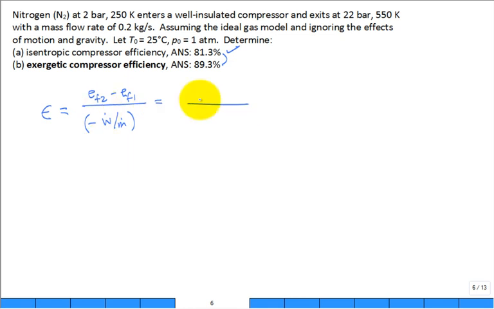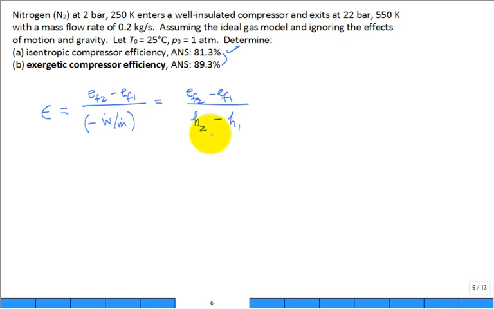Let's leave the EF2 minus EF1 there. What about that denominator? We already used that. That's a difference in enthalpies, isn't it? Isn't that my H2 minus my H1? Isn't that from the first one? We basically used that already.